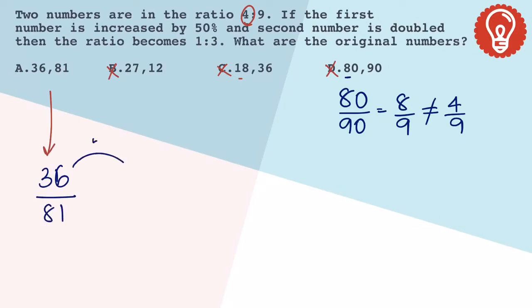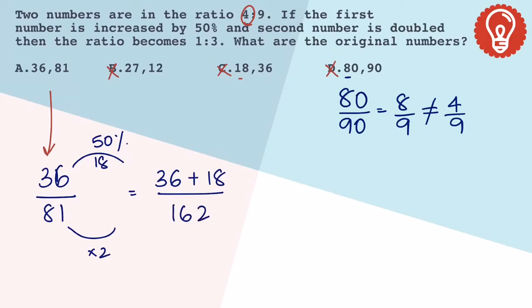He said 50% of 36, which is 18, and he said double of the second number, double of 81, that is 162. So 36 is increased by 50% of it, which is 54, and this is 54 by 162, which is in the ratio 1:3, satisfying the second condition in the question. Therefore, again, option A is the correct answer.